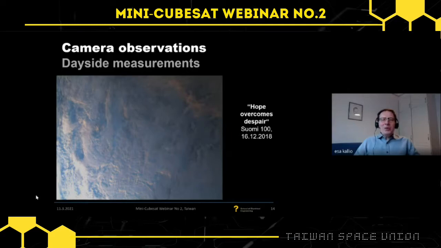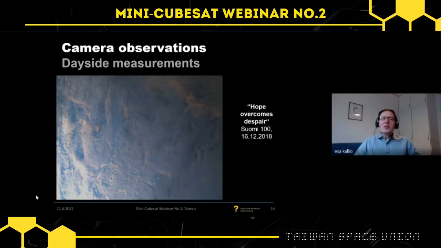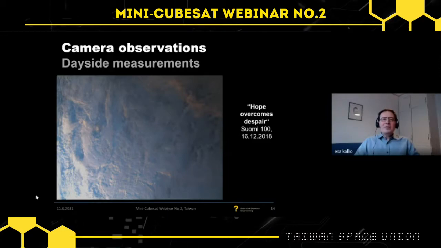The reason why we gave this name is that on your right-hand side, you can see a little bit dark colors. And it also shows that everybody who has been in space projects knows that there are times when there are some very bad problems. And you might be in despair about what will happen at all.